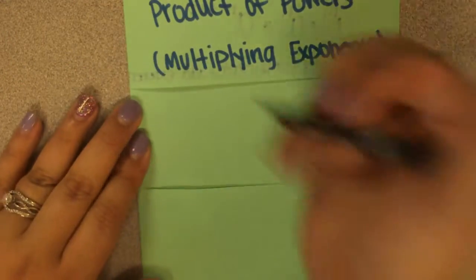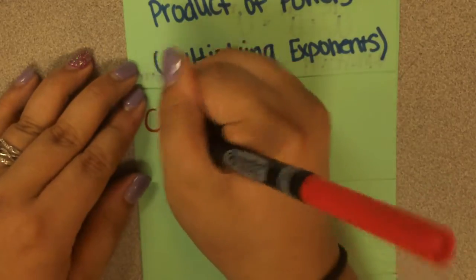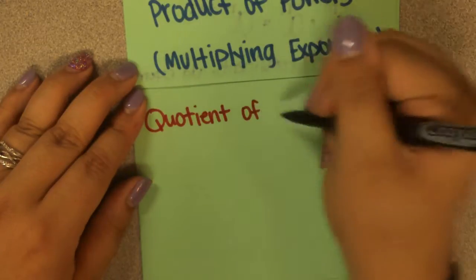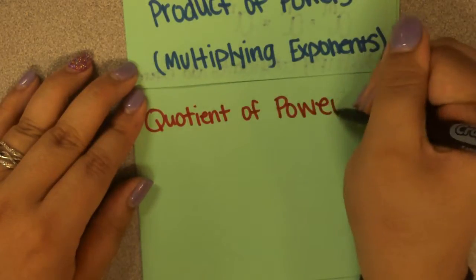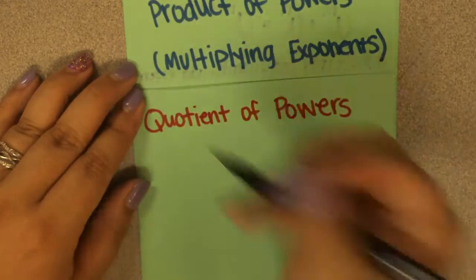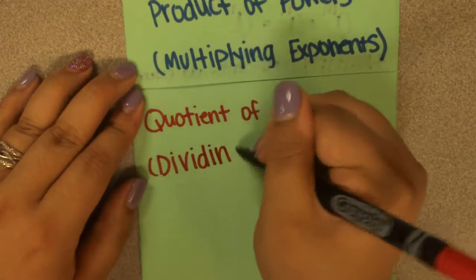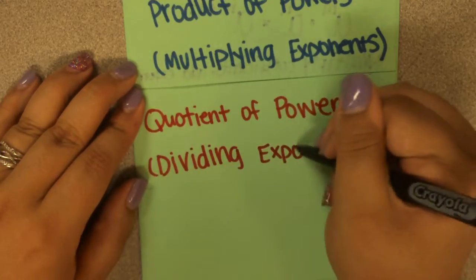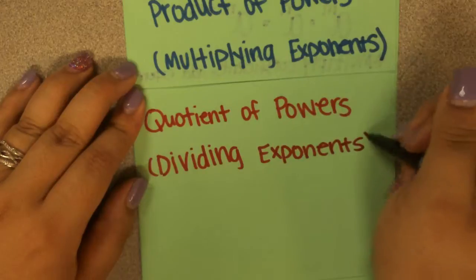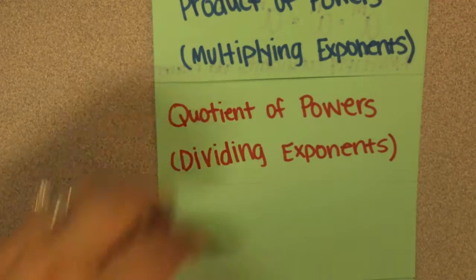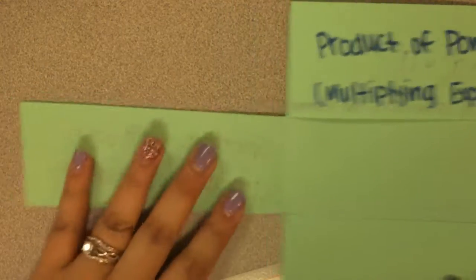The next one we're going to do is the quotient of powers. So quotient is dividing exponents. So when I'm dividing exponents, open that up.